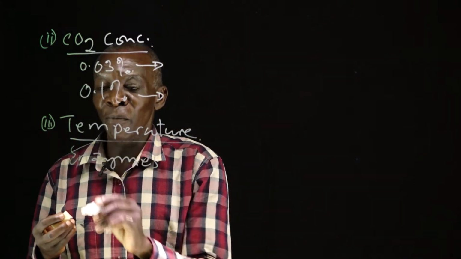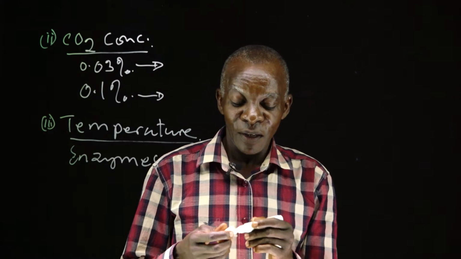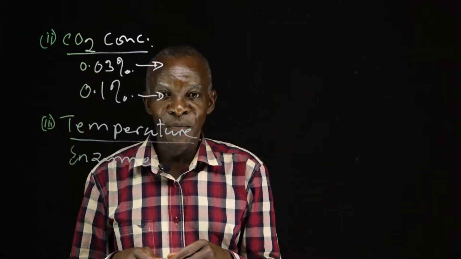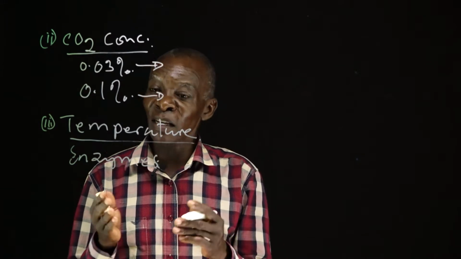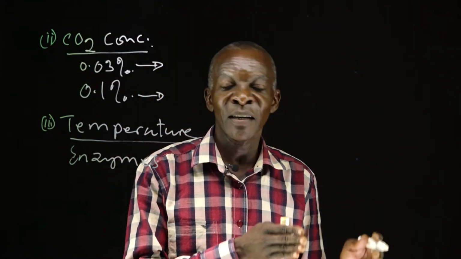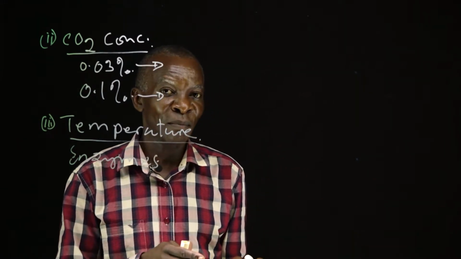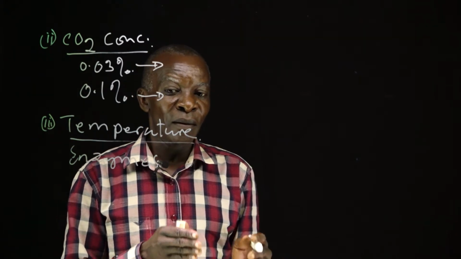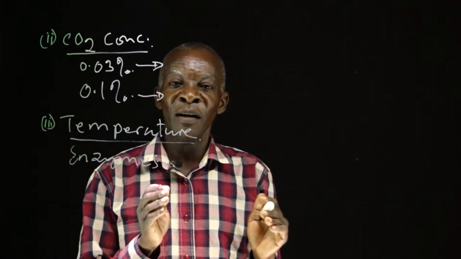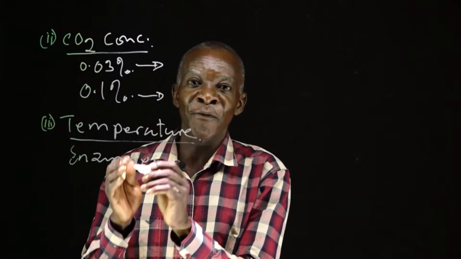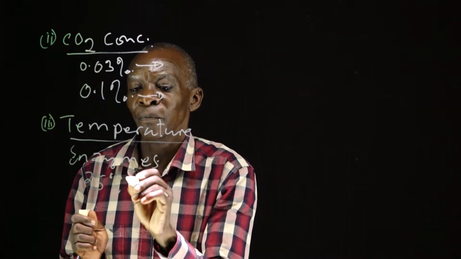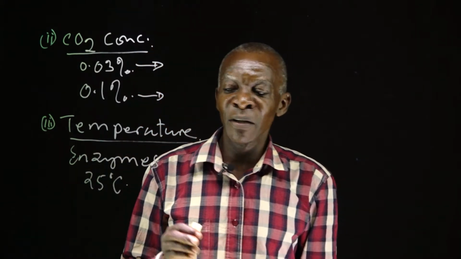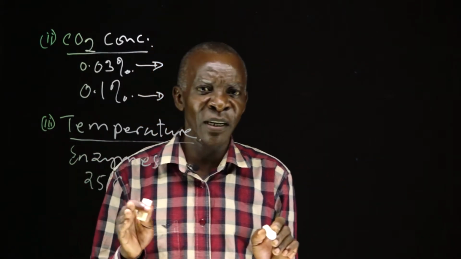You can remember from a biochemical point of view that the rate of enzyme action increases with increasing temperature. So as the temperature increases, so does the rate of photosynthesis. The optimum temperature for temperate plants for photosynthesis to operate is 25 degrees centigrade.